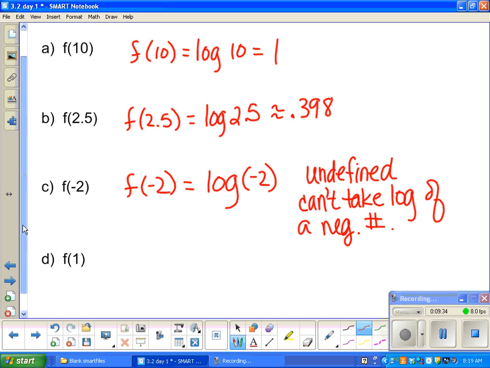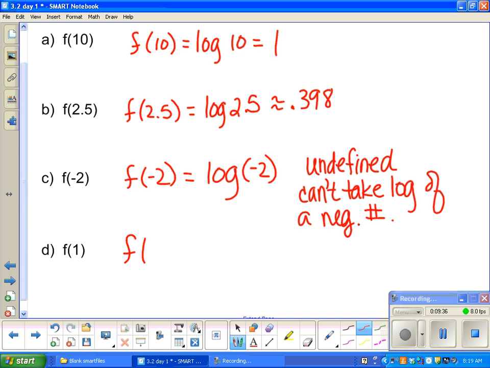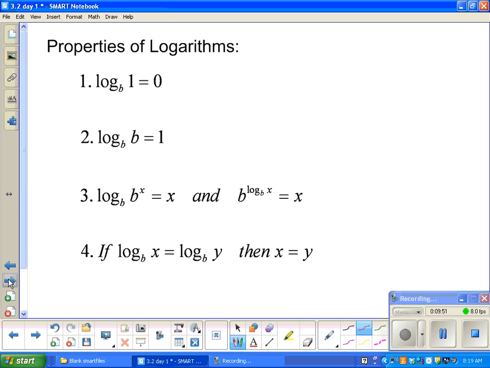What about f of 1? So we're taking the log of 1. You put it in your calculator to get 0, but you should know that. That's one of the properties that we need to know.